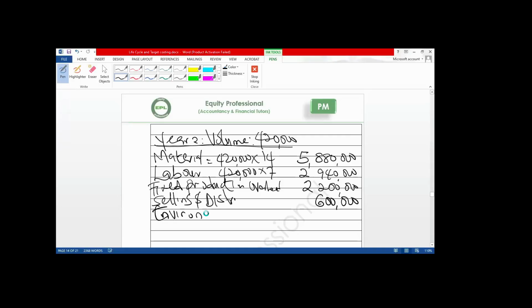Environmental cost, this is 150,000. Then let's now go and look for expected marketing cost.